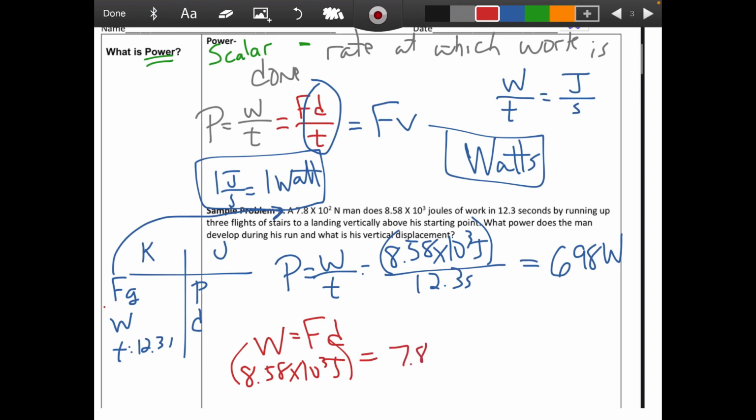It's the only force that the problem gives us. So I'm going to divide both sides by this 780, or 7.8 times 10 to the 2. And we should get a vertical displacement of 11 meters.